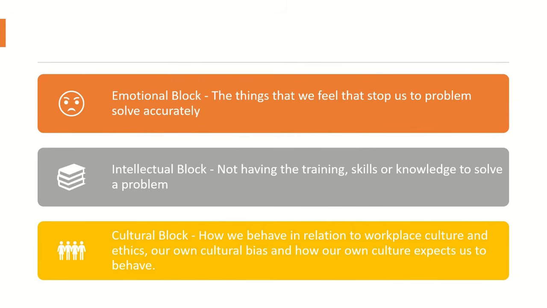And cultural block is because of the workplace culture, ethics, the cultural bias, the culture that we ourselves expect to have. All these things also stop us from doing some particular task. So those are given in cultural block. You can read the details about these things in the textbook.